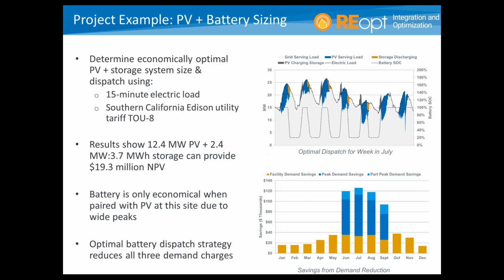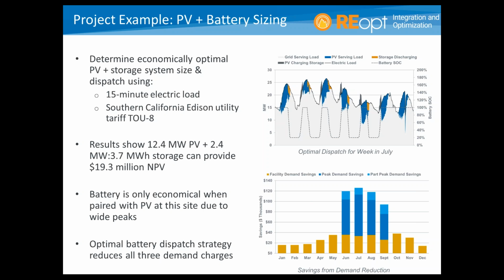In the upper right corner there, you can look at the dispatch strategy for the system. So this shows a week. The load line is marked in black at the top. And then in each hour, that load needs to be met by energy purchases from the grid, PV, or storage. So you can see that PV is generating when the resource is available. But for storage, you need to decide when to operate it.